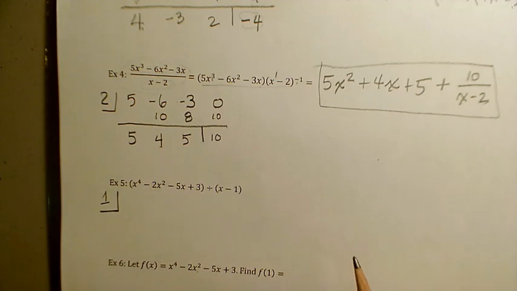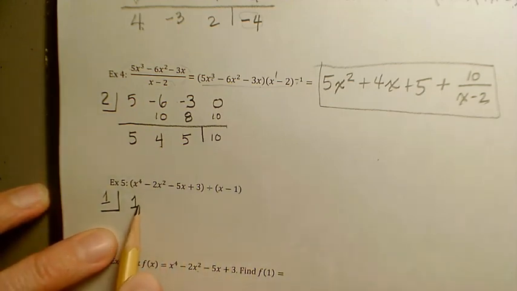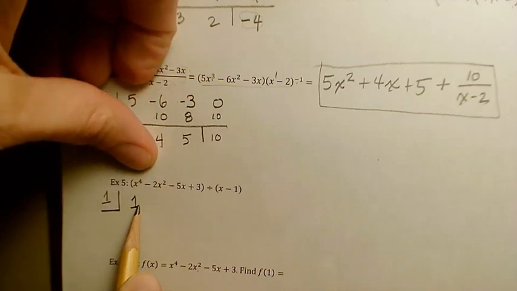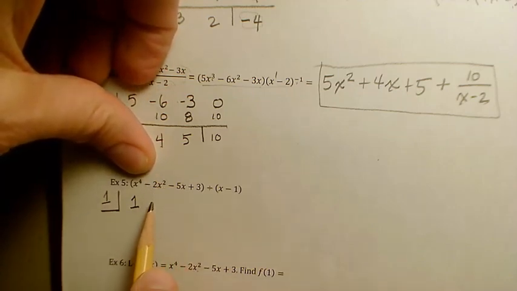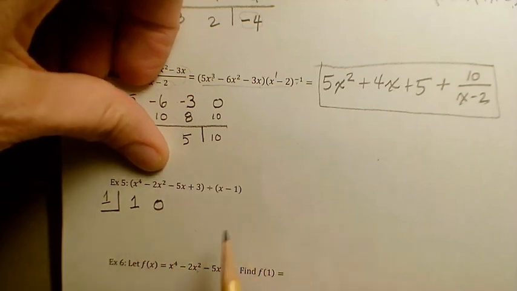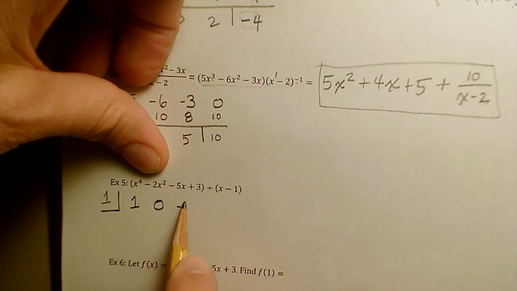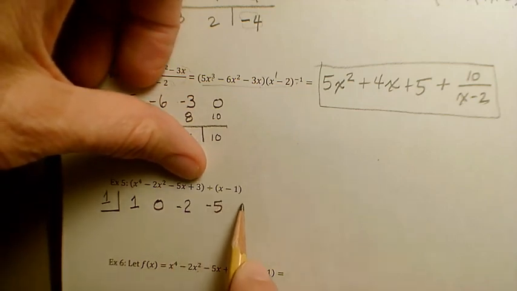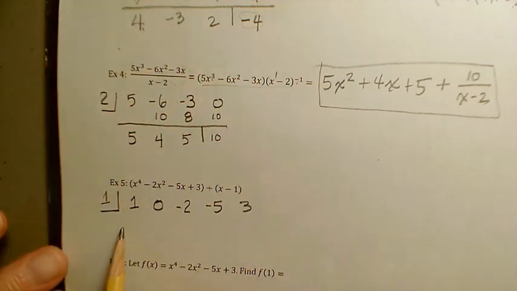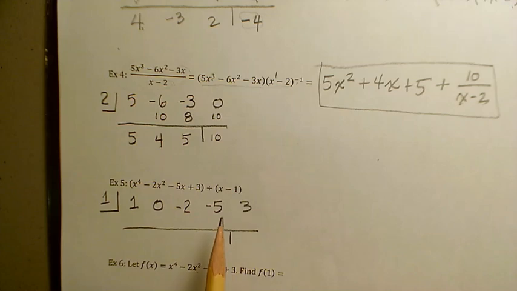And next to that goes a 1 for the x to the 4th. And then there's the cube term that's missing, so I'm going to put a 0 for the x cubed term. For the x squared, -2, then -5, 3. Put a horizontal line in there and a vertical line underneath, between the last two numbers.